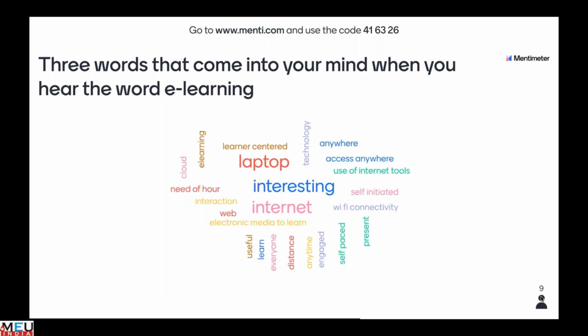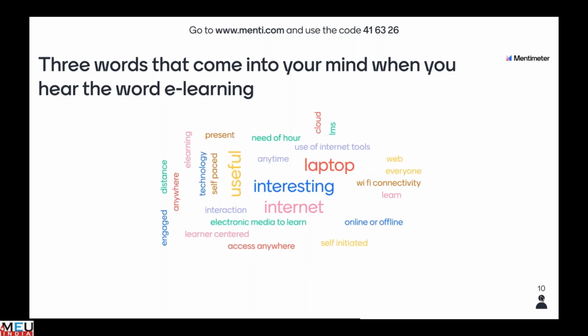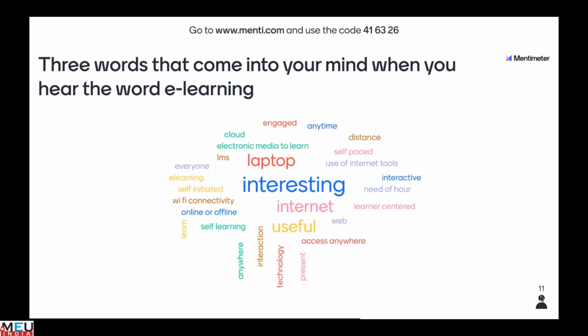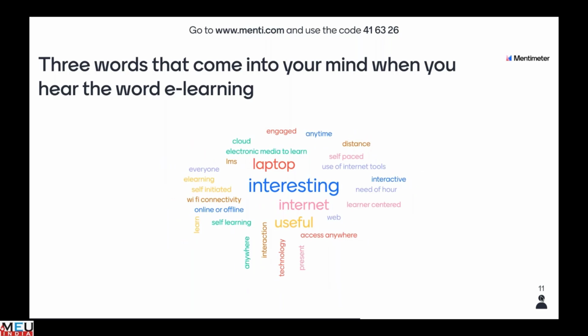So for this particular activity, I always feel the more the number of options, you will get to see a really large word cloud, and you will get a clear view of what most of them think about your topic. So here for me, by the word e-learning, I would think that most of them think it's something new and interesting. It definitely needs internet and laptop, and it's useful.